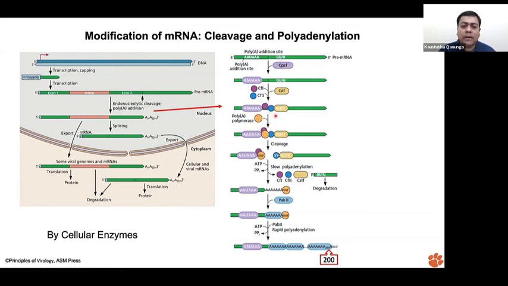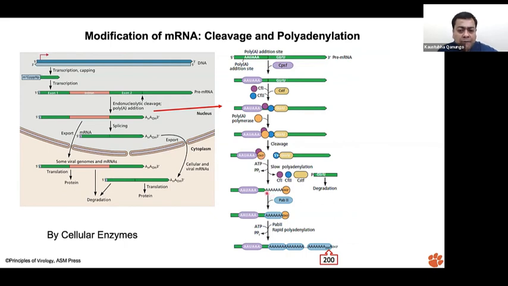Once this poly-A polymerase is recruited into this cleavage region, it will allow just a slow polymerization. So see, this is the cleaved position. This is out, no function for that, will be degraded. Whereas right here is AAUAAA, along with the poly-A polymerase recruited right here. It will cause slow polyadenylation.